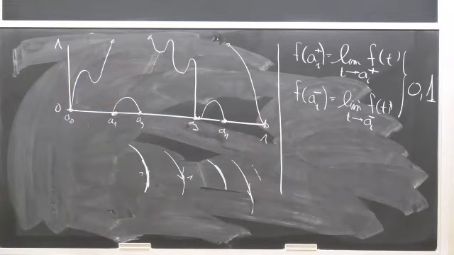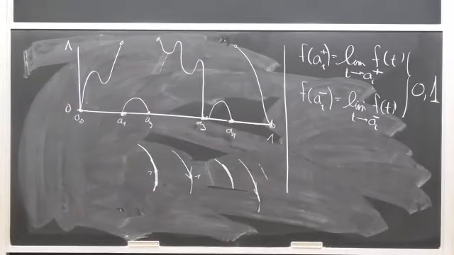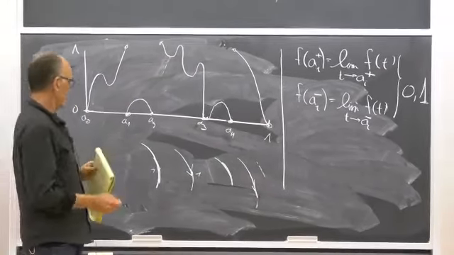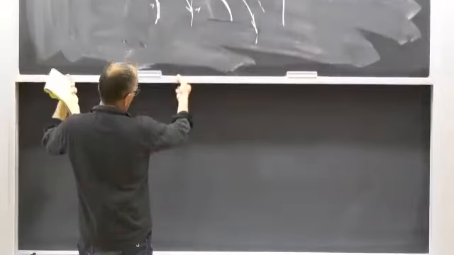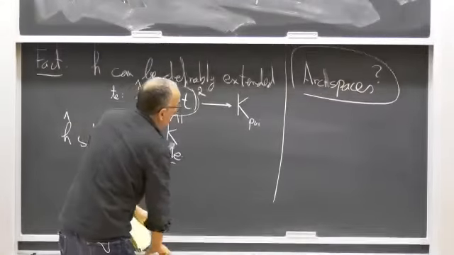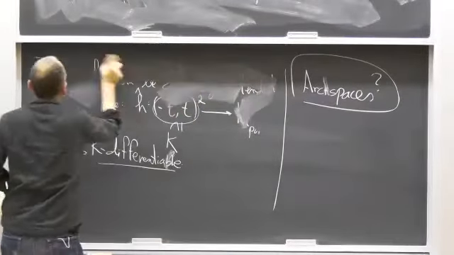So this is what unwinding the curve will look like. And now we can define the winding number. The winding number will just be the sum of these differences. And this will tell you how many times you went around S1.